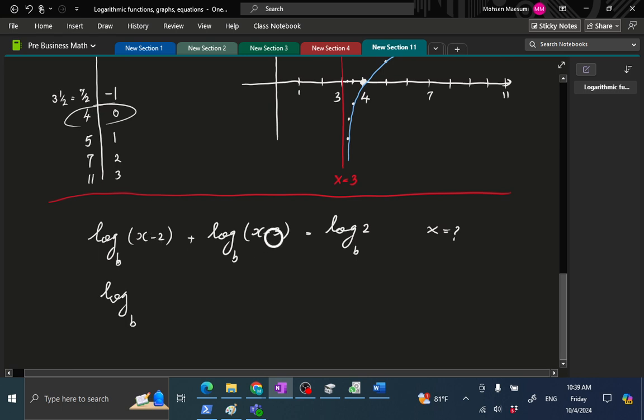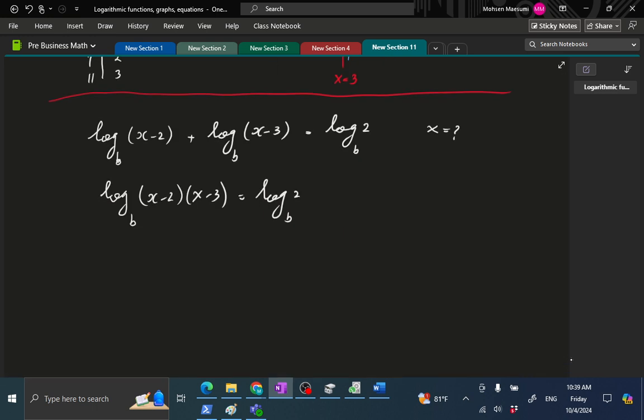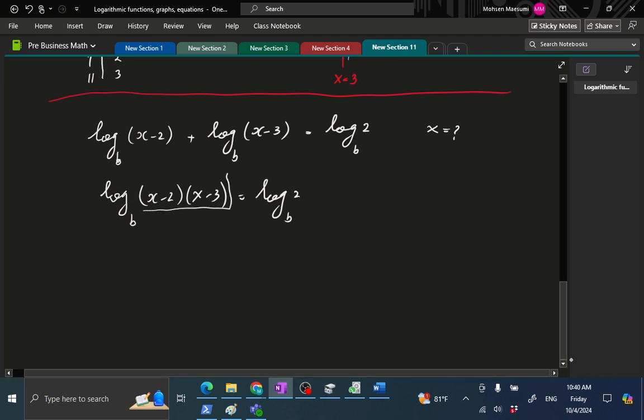We simply have to multiply these two, x minus 2 and x minus 3. On the right hand side, I don't have any simplification to do. As it is, it's good. Logarithms of two numbers in the same base are the same if the two numbers are the same. So this has to be identical to that for the logarithms to be equal.